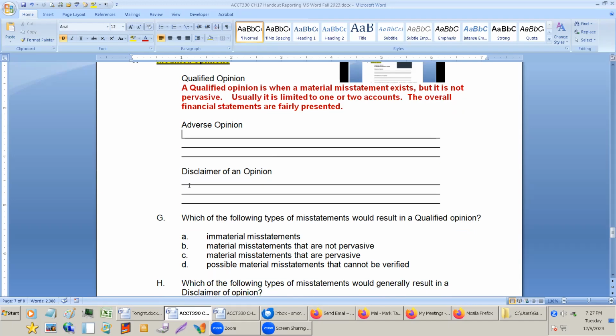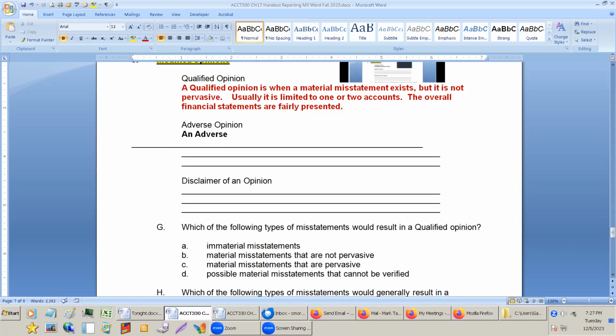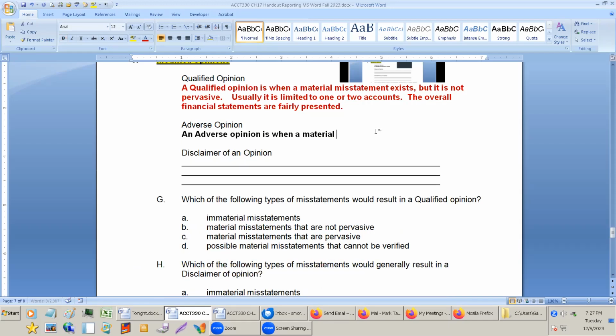Adverse opinion. Adverse is when a material misstatement is pervasive.